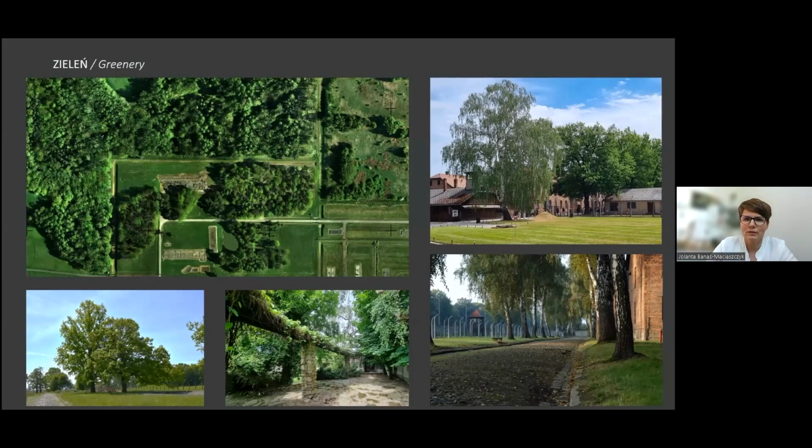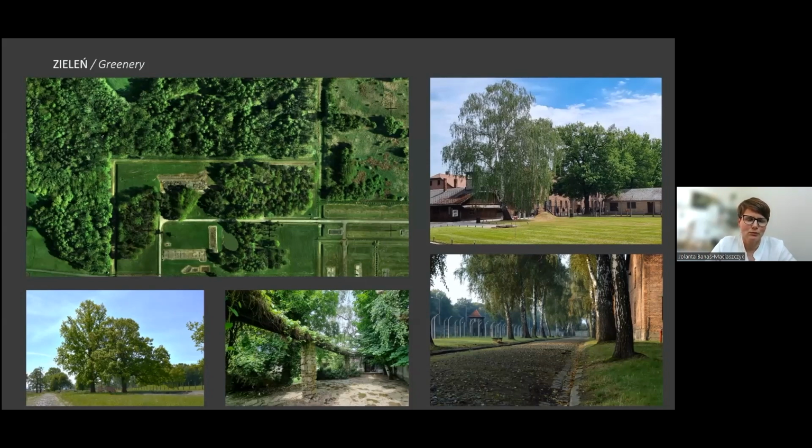In the photographs, you can see some areas where historical greenery plays a special role, and this includes, for example, the area of Arbeit Macht Frei gate. There's a historical birch growing here. Below we see the birch alley. Center bottom, it's Hesse's garden.